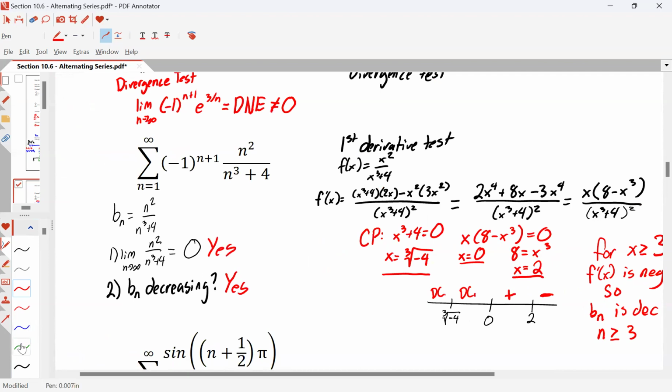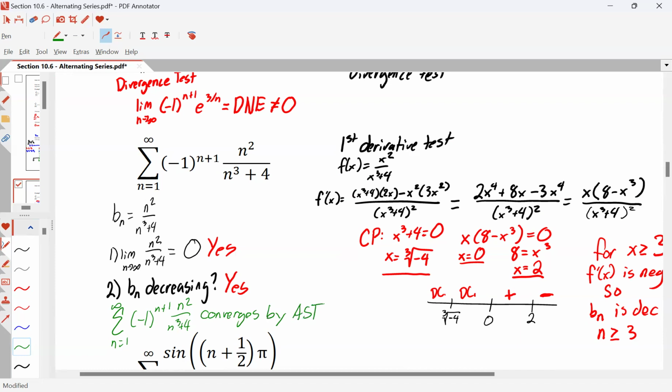So the series converges by the alternating series test.